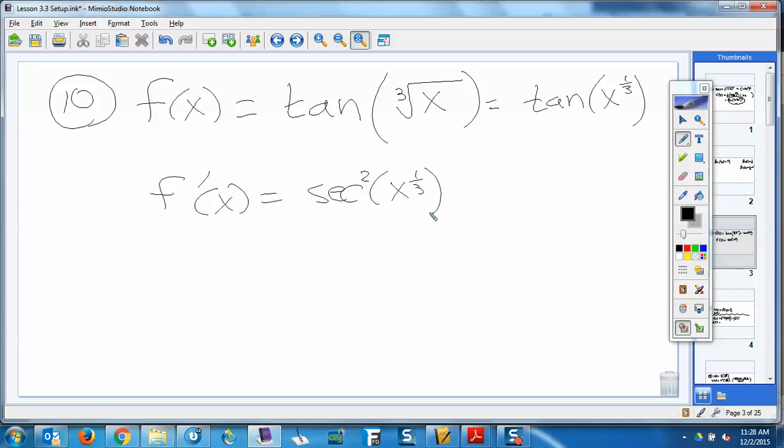Again, remember what that really means: all that squared. Okay, secant squared, and then times the u prime, which is the derivative of that, which would be 1/3 x to the negative 2/3. There you go. I would be perfectly fine if you stopped right there.